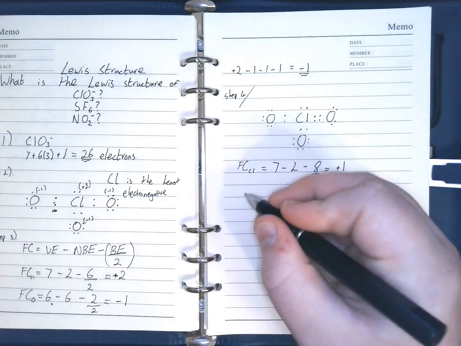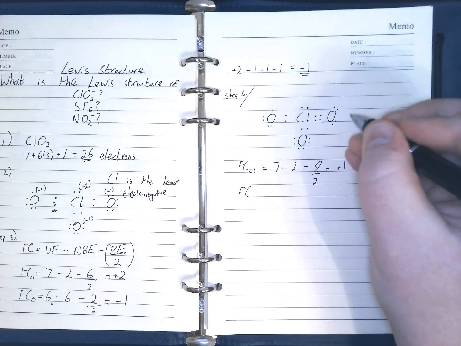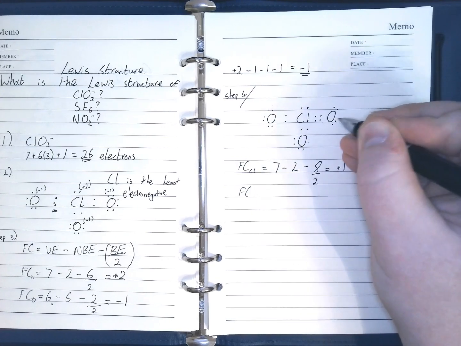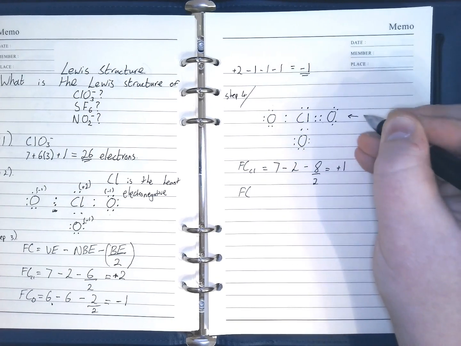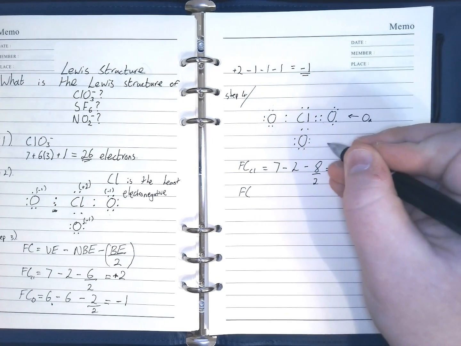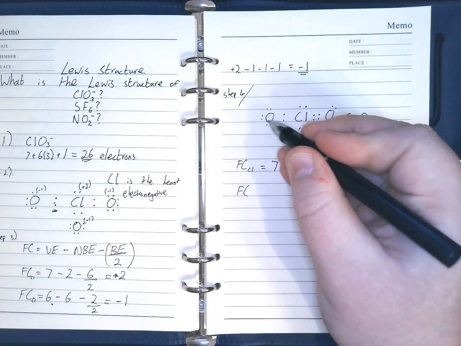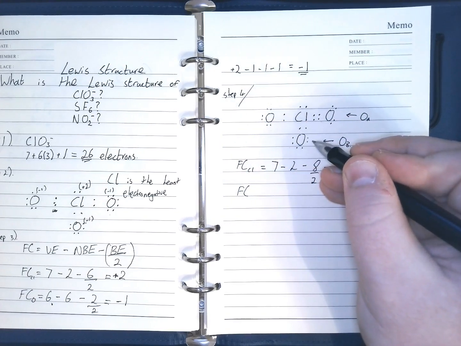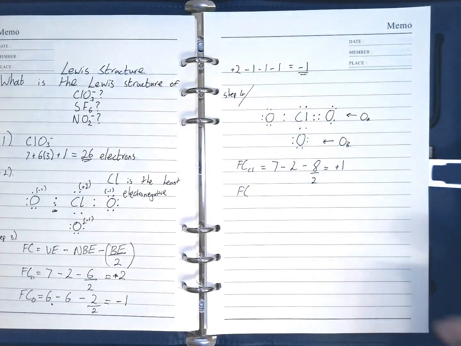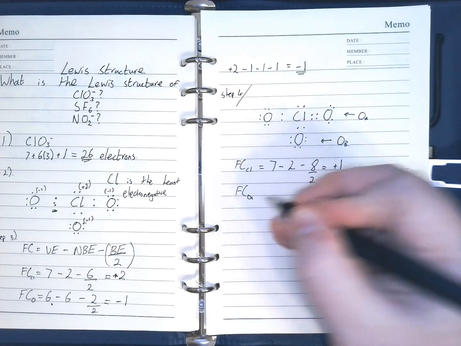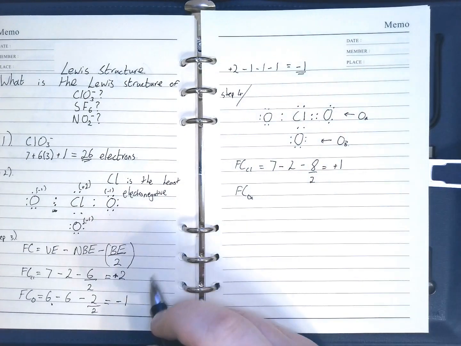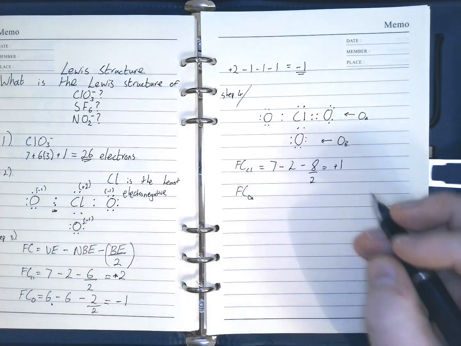And now we can work out our formal charge. I'm actually going to label these. This one here I'm going to say is OA, and these ones here I'm going to say is OB, because these types are the same.